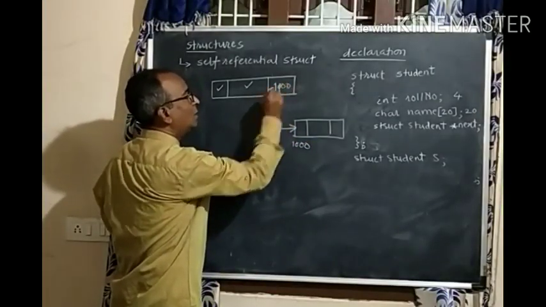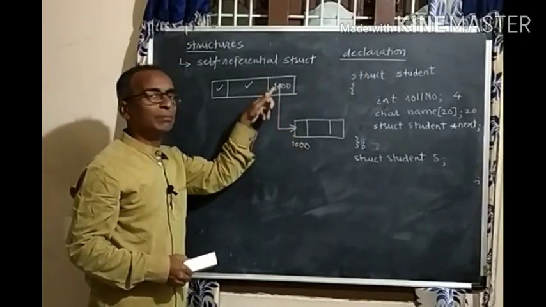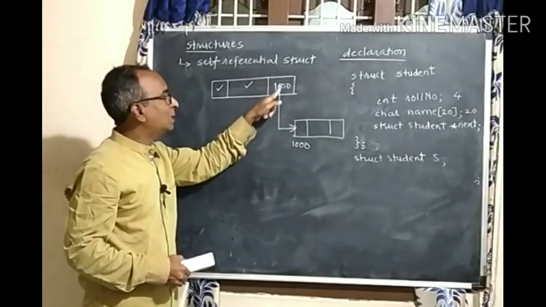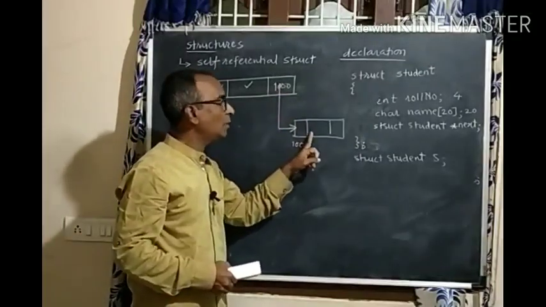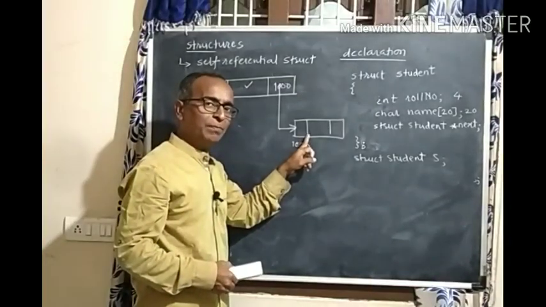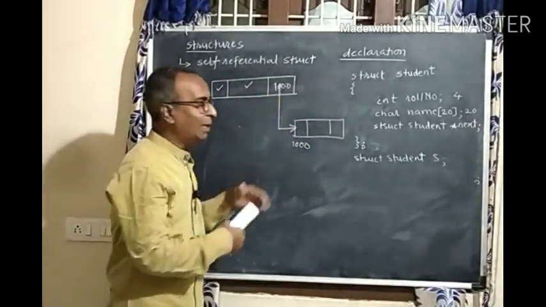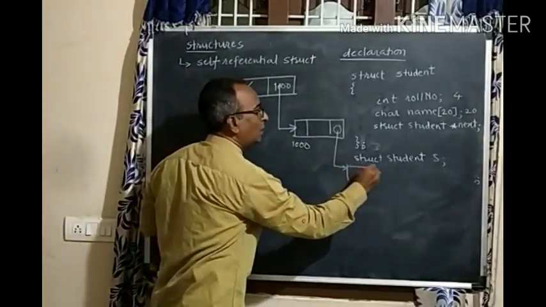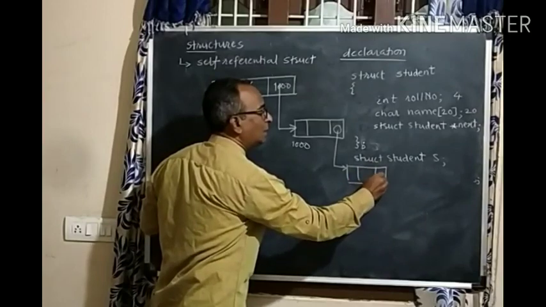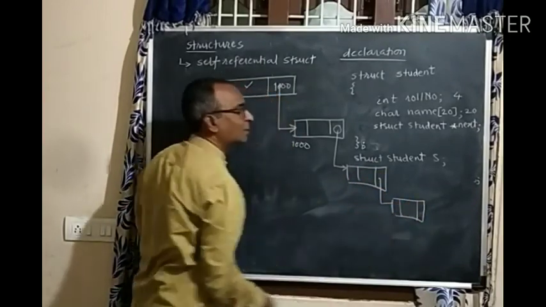If you assign the address, this may store the address of something. It means this is referring to itself. This is pointing to the same, similar type. Now this field may store the address of another variable. This may store another node's address.